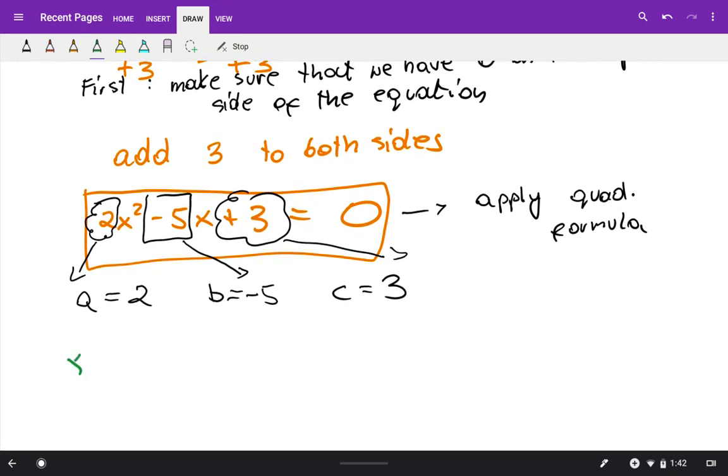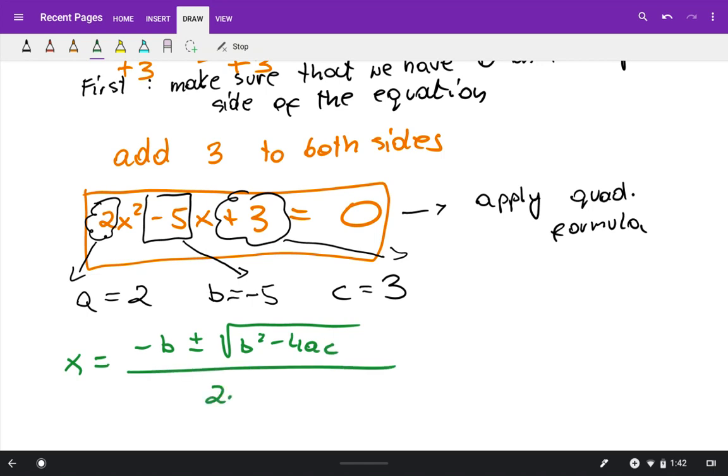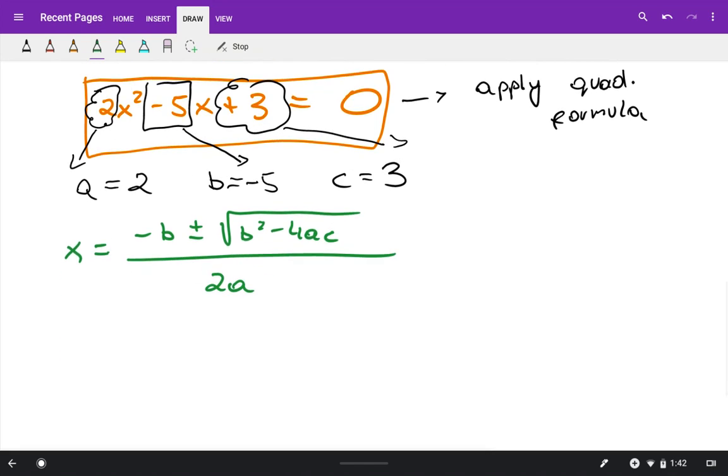Let me rewrite. x is equal to negative b plus or minus the square root of b squared minus 4ac, divided by 2 times a. Okay, so x equals negative b. Like you guys see, I copy that negative right here, and my b is negative 5, plus and minus the square root of b squared.